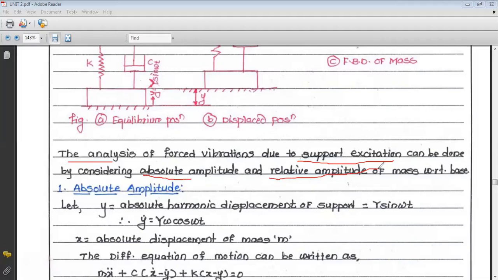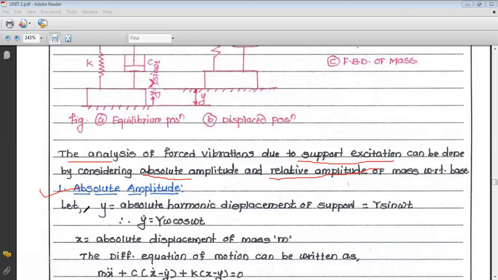One is the amplitude of mass, denoted by x, and the other is the amplitude of base or support, denoted by y. Our first method is the absolute amplitude method. We can use both methods for analysis of this vibration, either by considering absolute amplitude or relative amplitude of mass with respect to base.